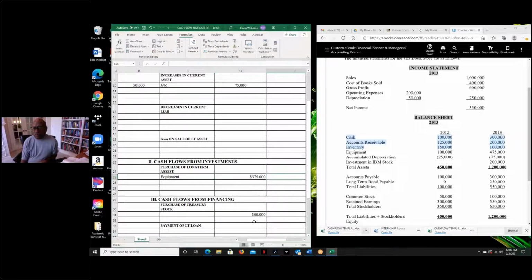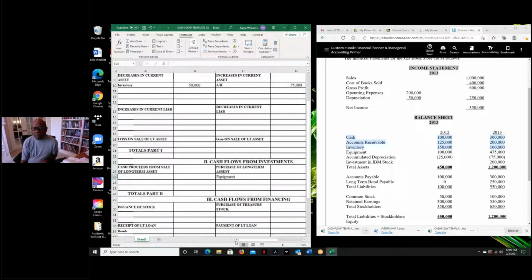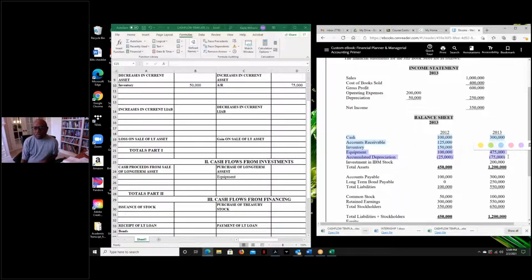$375,000. Oh, okay. We've already done depreciation. We did. Okay. Now I just need to do the investment in IBM stock. Investments go in this part.